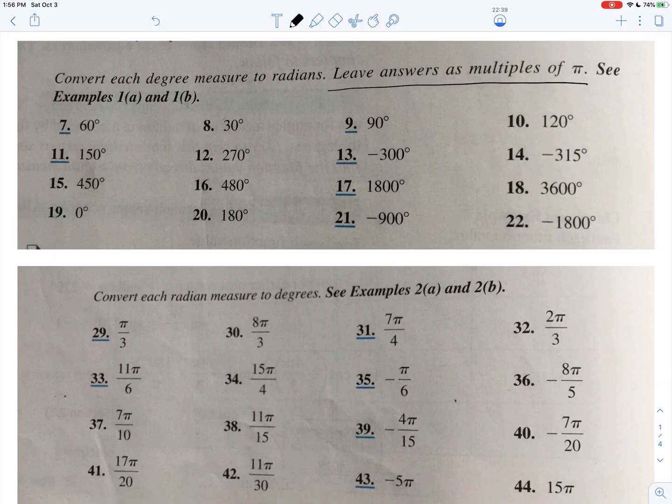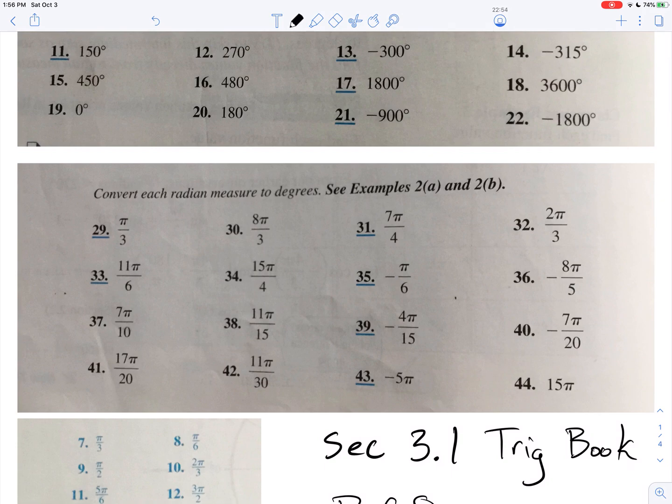So that means don't use your calculator and take pi and make it 3.14 and all that stuff. No. So your answers are going to all have pi in them. And then down here it says convert each radian measure to degrees. So none of your answers here are going to have pi in them.